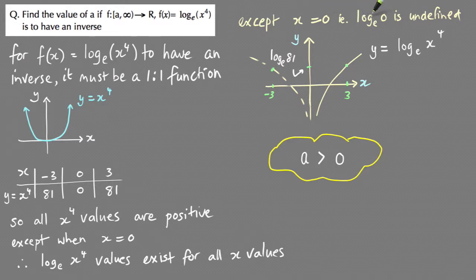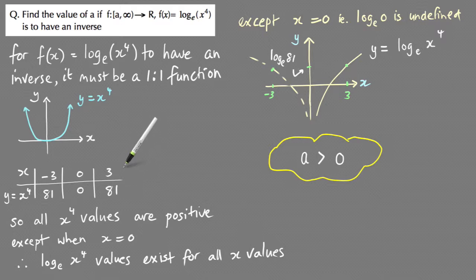That's because you can't have log to the base e, or log to the base anything, of 0. It's undefined. That means on the graph of log e of x to the 4, x equals 0 is an asymptote, and x equals 0 is the y-axis. So you end up with two log graphs like that on either side.